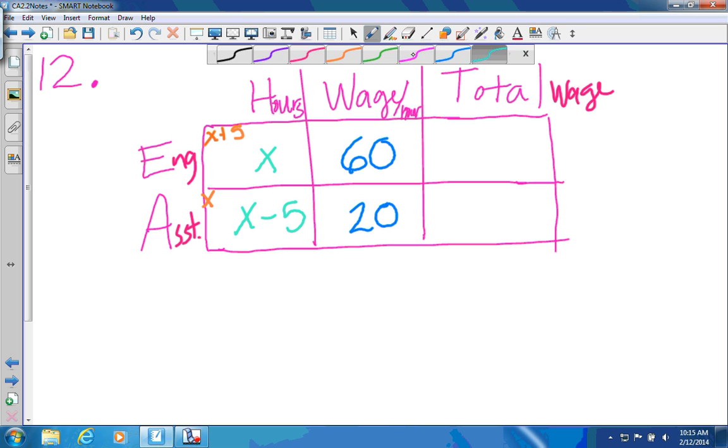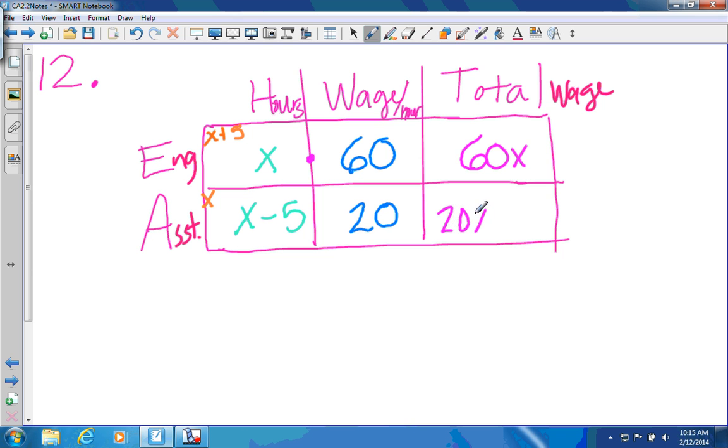So now you have to multiply these two things together to get your total wages for the engineer, which would be 60X, and for the assistant, which would be 20X minus 100. And it says that the total bill was $580.